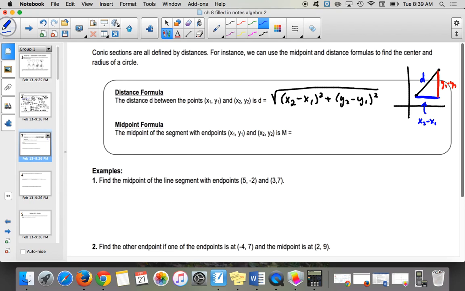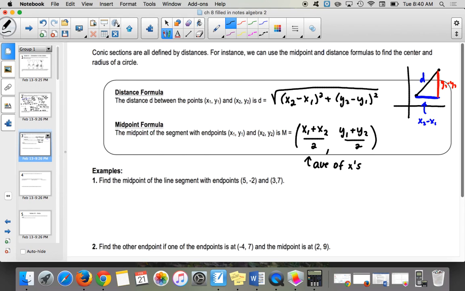So the midpoint formula, I always say it's the average of the x's, average of the y's. So it's going to be taking our x values and adding them together and dividing by 2, and taking the y values and adding them together and dividing by 2.